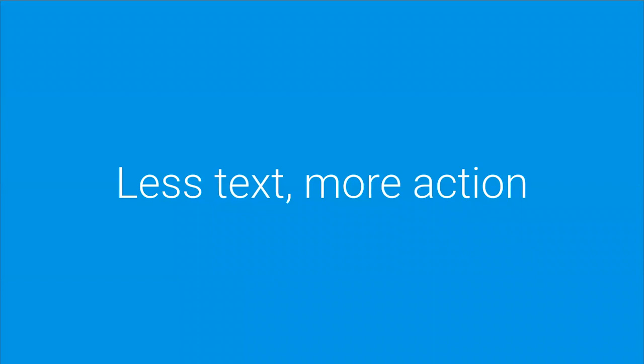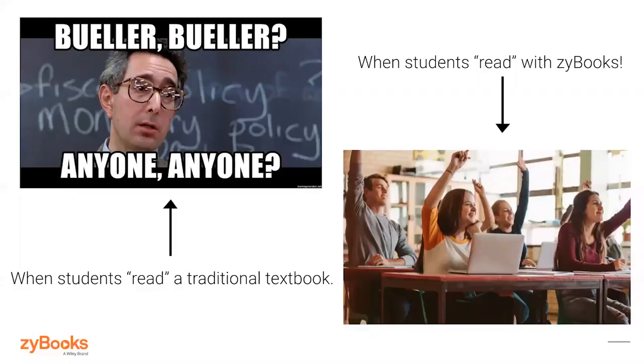This is always being updated. So if you're tied to a traditional textbook on a 3-year update cycle, your book's going to be out of date by the time it gets in your students' hands. So we are a digital-only company. Everything is digital. We do major updates to our content every 6 months, so we have the ability to be the most relevant.